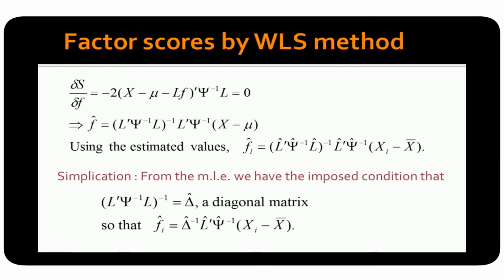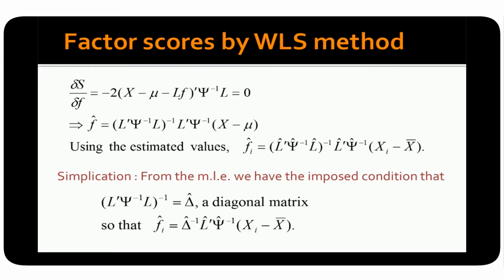And if we take the derivative of this, it's easy to see that it becomes (x minus mu minus LF) prime psi inverse, and you get an L from the second half, with the minus 2 multiplied to this. And when equated to 0, this would simplify to f hat being equal to (L prime psi inverse L) inverse L prime psi inverse (x minus mu).